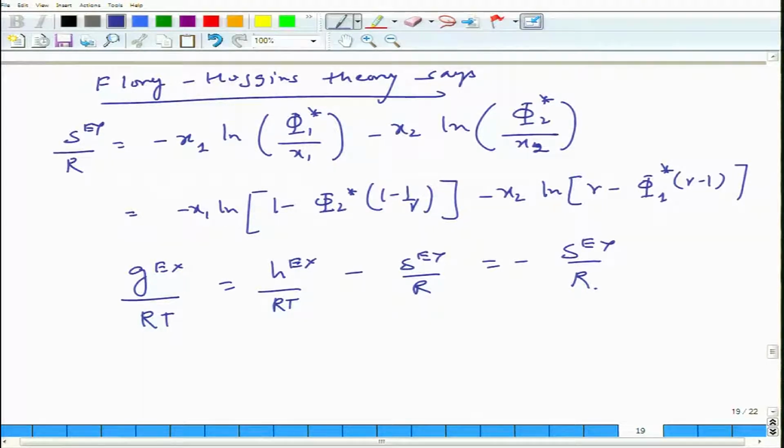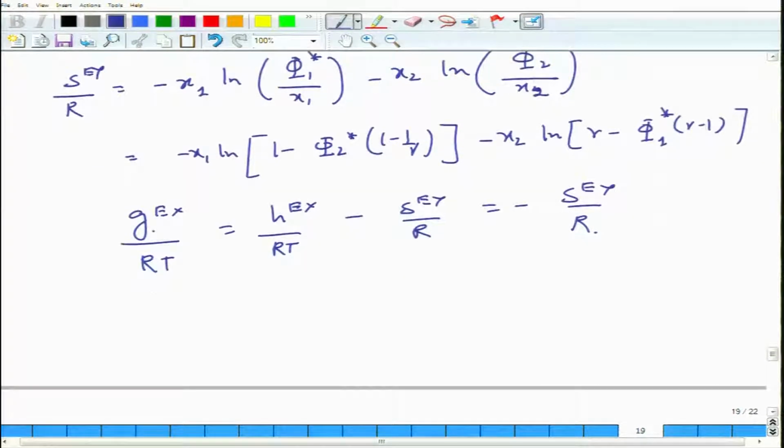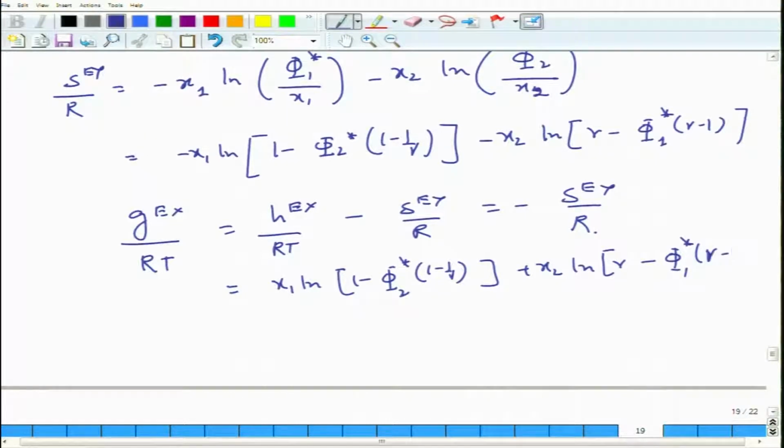Given that you have this G^E, this would be nothing but x1 ln (1 minus phi 2 star (1 minus r)) plus x2 ln (r minus phi 1 (r minus 1)).